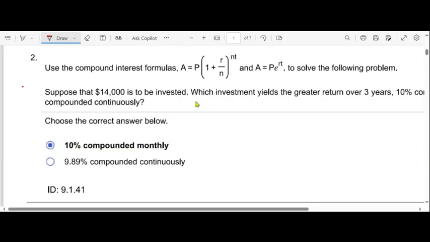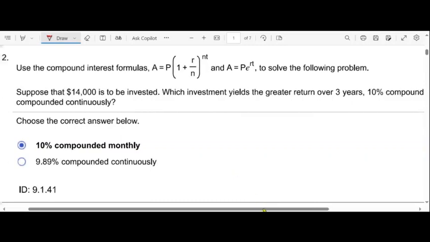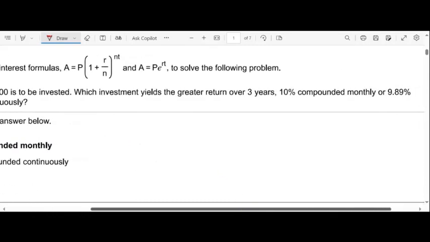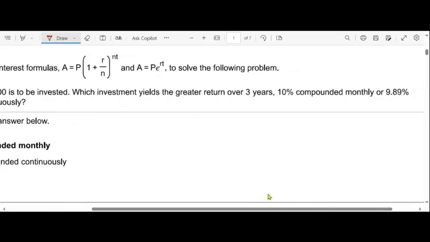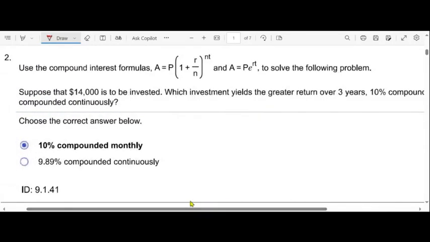Suppose that $14,000 is to be invested. Which investment yields the greater return over 3 years: 10% compounded monthly or 9.89% compounded continuously? Okay.